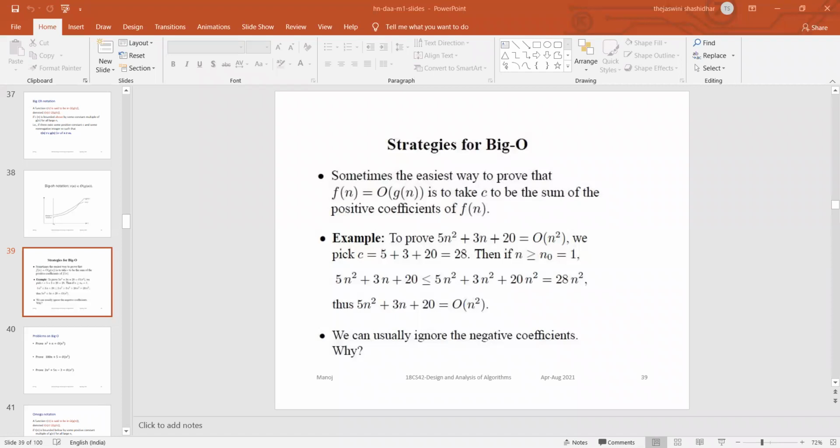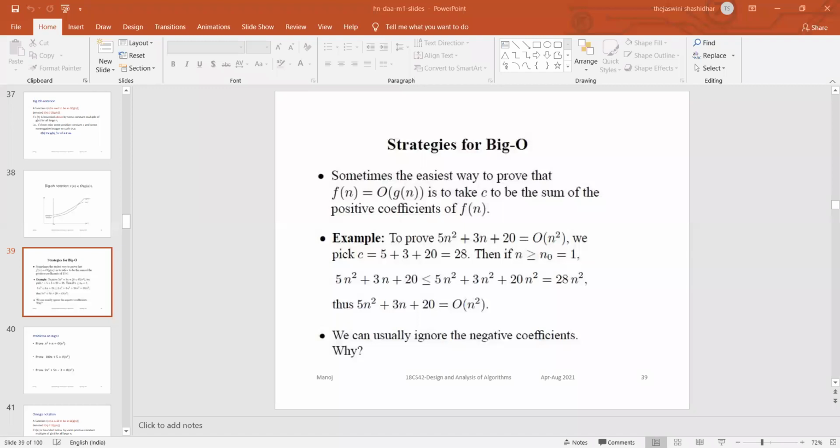Five n square plus 3n plus 20. No, 5n square plus 3n plus 20.